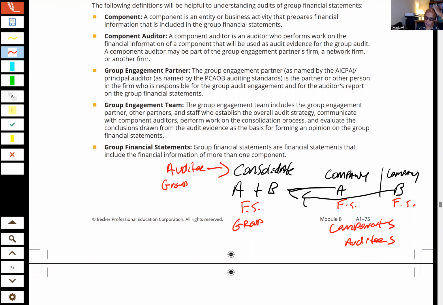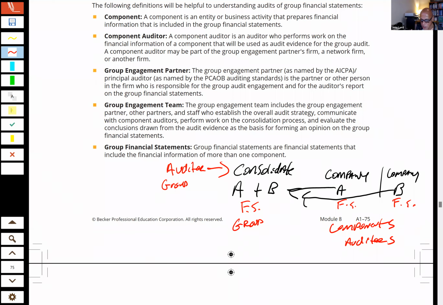It ends up being a disclaimer of opinion right now, but assuming all those opinions were clean, it could be the basis for an unmodified or maybe qualified opinion. Problems with the components can bubble up into problems with the group.